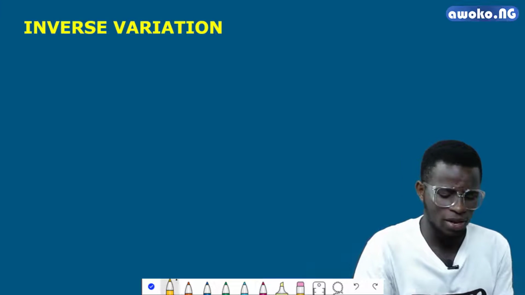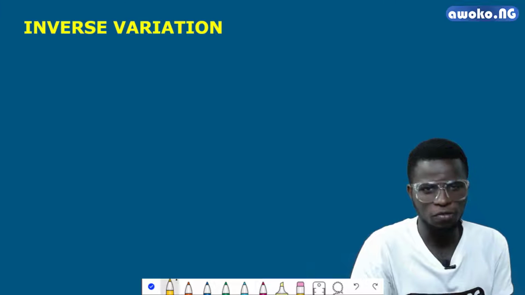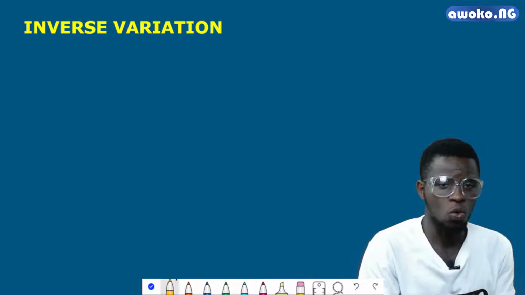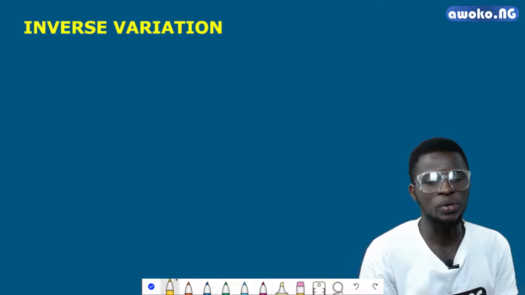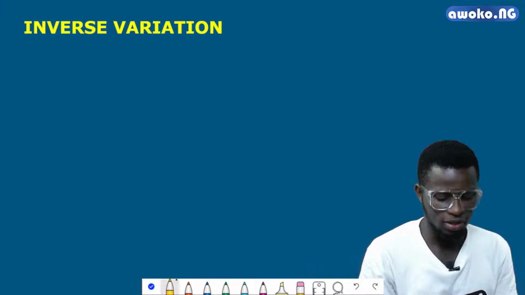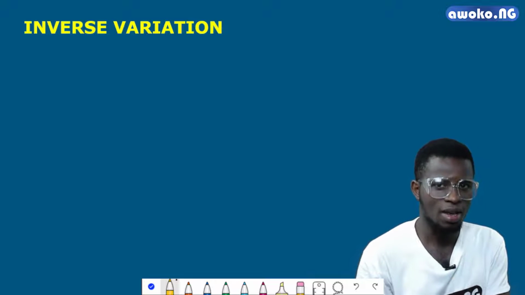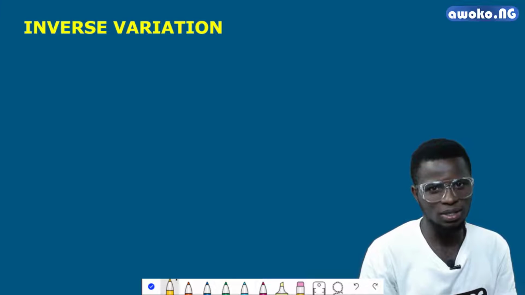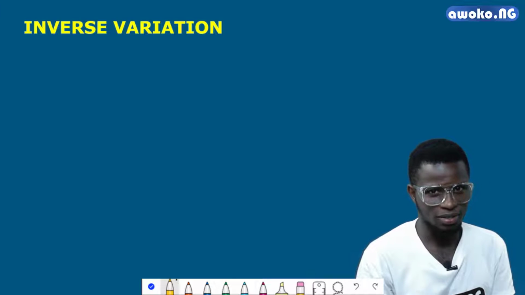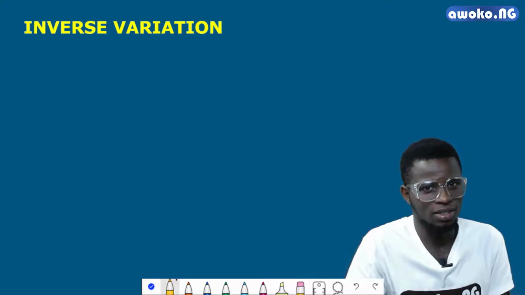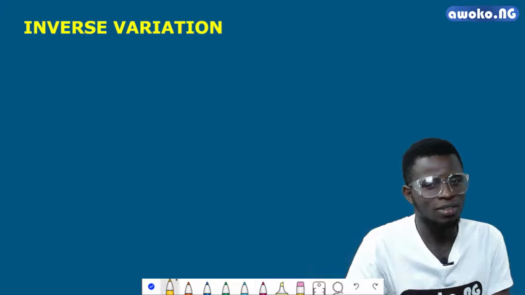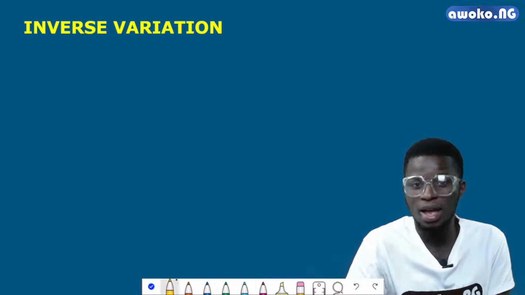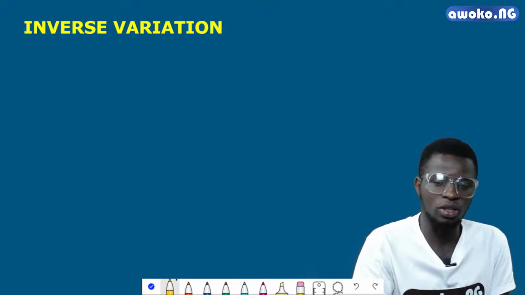All right. Now let us consider if we have two quantities, and we realize that one quantity increases as the other quantity decreases, then we can say that the first quantity is inversely proportional to the second quantity. And this could be seen the other way around also.